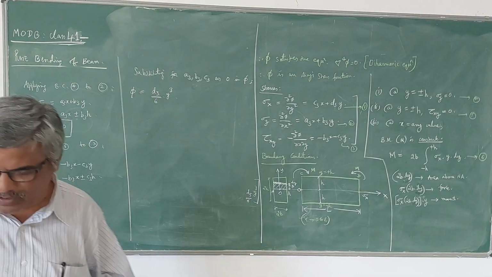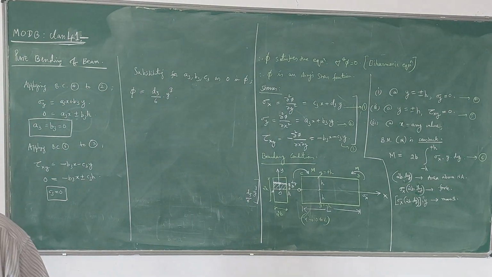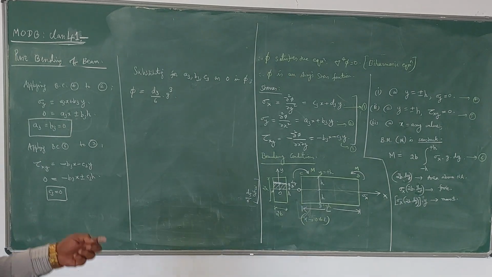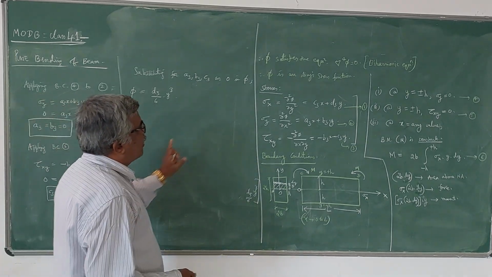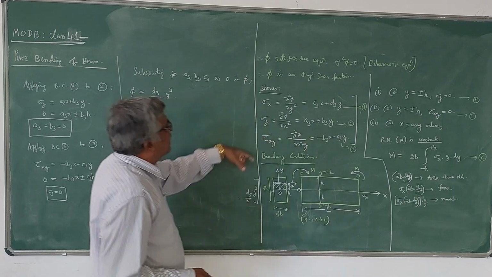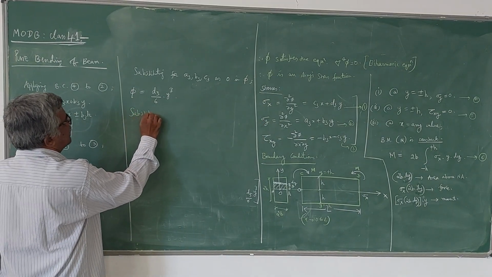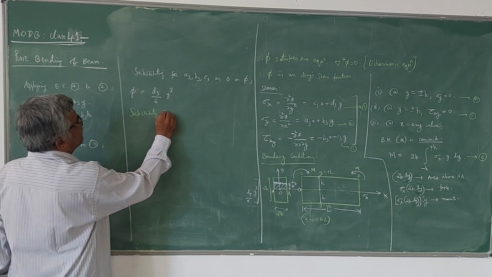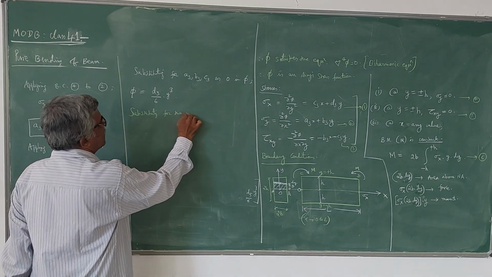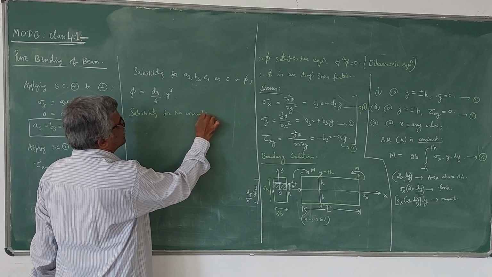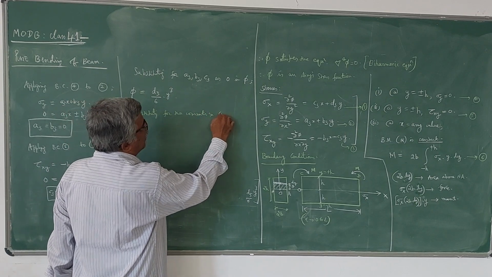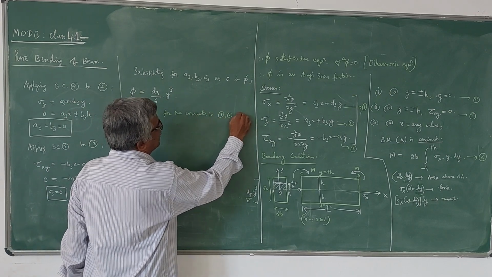So 5 is equal to d3 by 6 into y cube. Now once again substitute those things, substituting for the constants in 1, 2, 3, in these three.